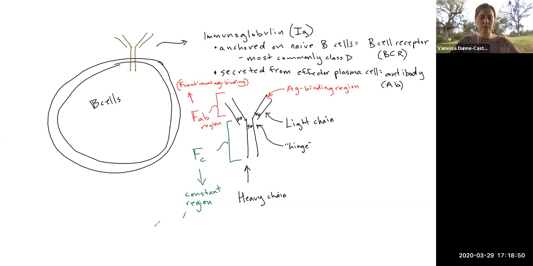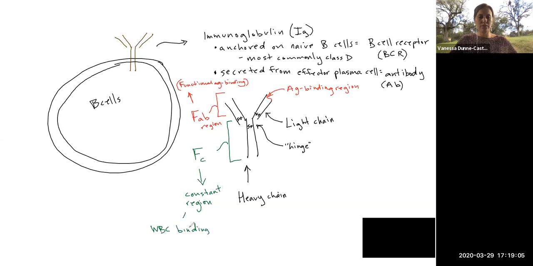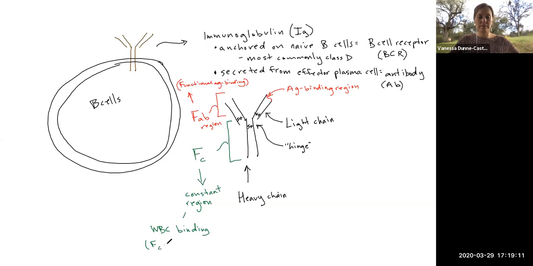So the constant region is where we have recognition by white blood cells, usually in the form of something called Fc receptors. Note also that the Fc portion is what has the transmembrane domain bound to it for these anchored B cell receptors.